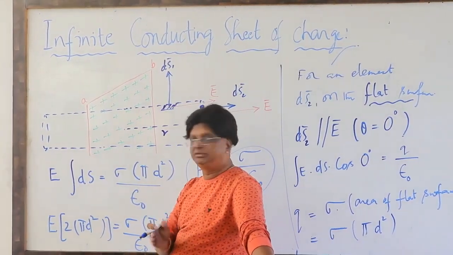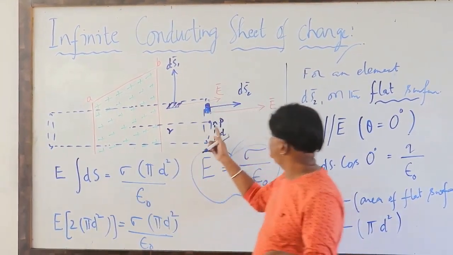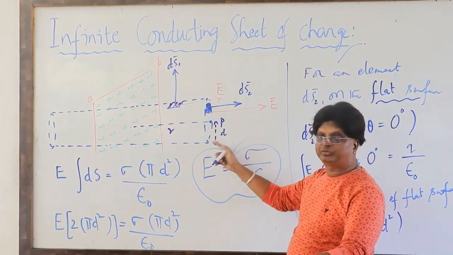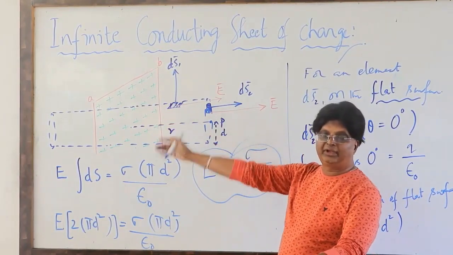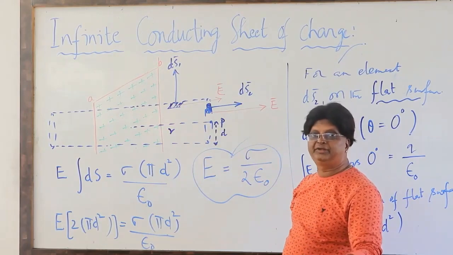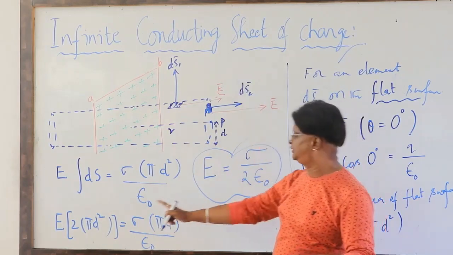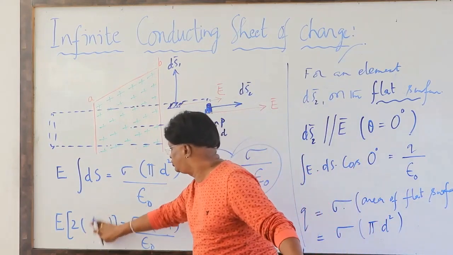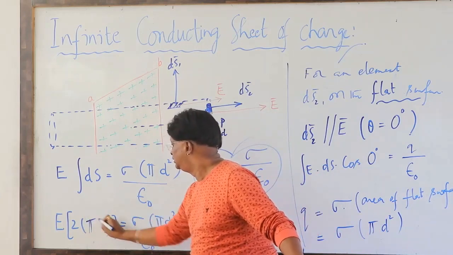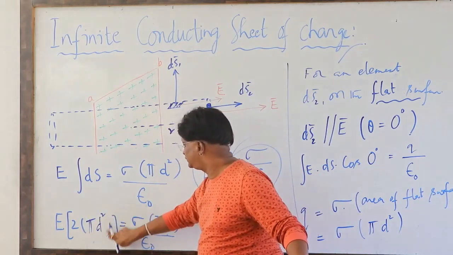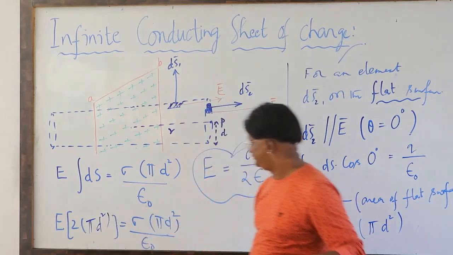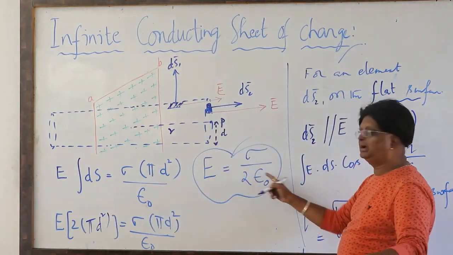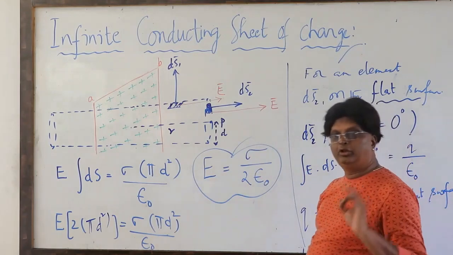The flat part. This ds for the flat part means one area, pi d square. There is the other side also which is contributing to the flux because of this conducting sheet. Therefore, it is 2 pi d square. Therefore, E is equal to sigma by 2 epsilon naught.